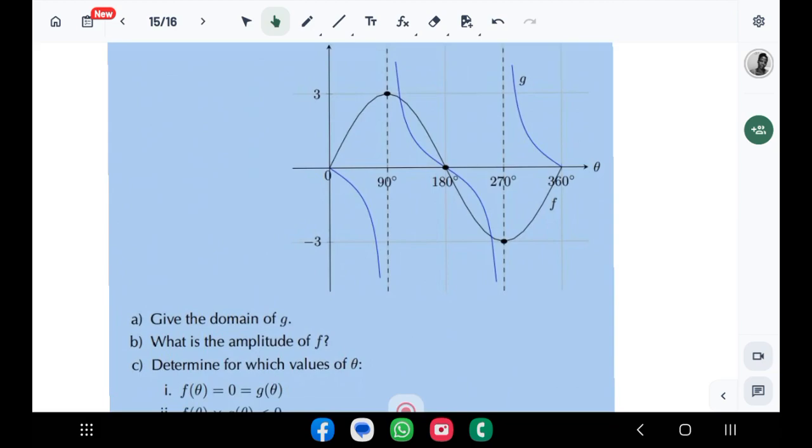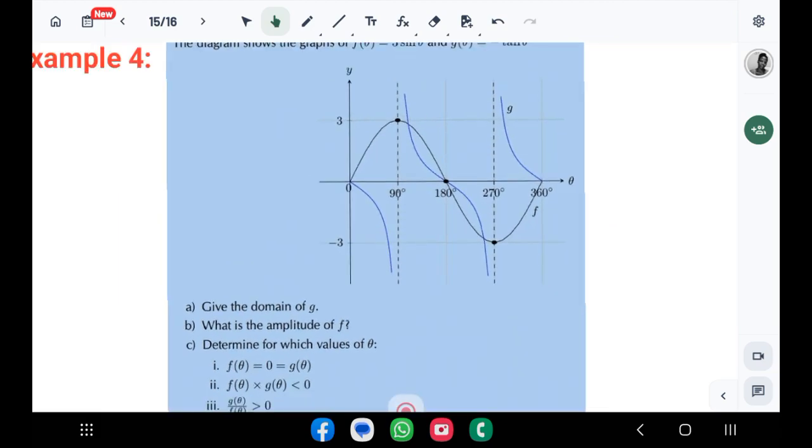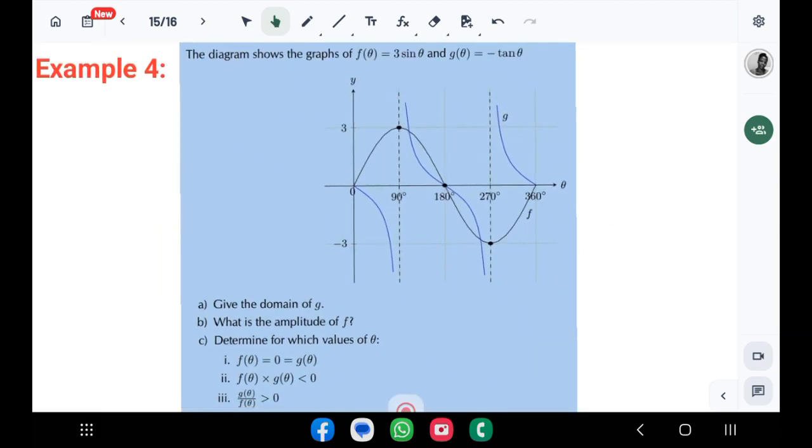The question says, give the domain of g. Okay, g is your tan theta. The domain of g is very easy. You go from 0 to 360 degrees, but there are asymptotes at 90 degrees and 270 degrees.